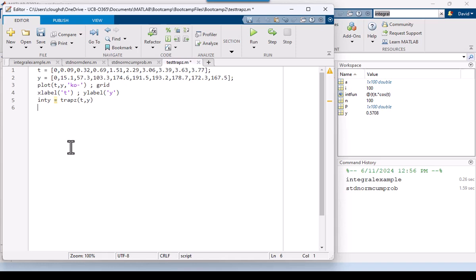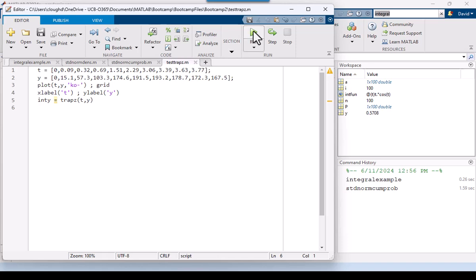And then we're displaying it as int y, and we're making a plot of the data just so we know what we're dealing with. So this uses trapz, which is sort of the alternate to integral, where integral requires an analytical function to integrate, and trapz wants a set of data.